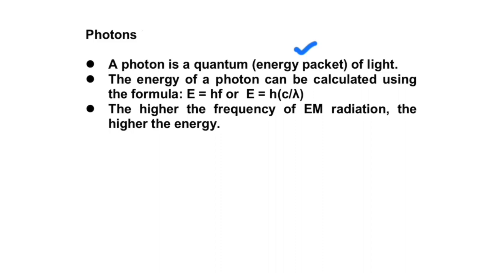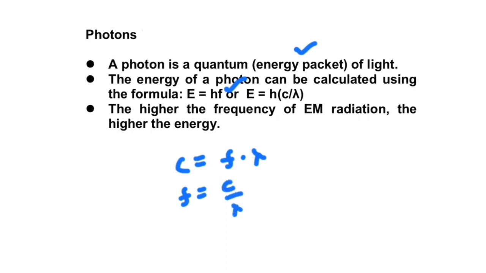The next bullet point, the energy of a photon can be calculated using the formula energy is equal to h multiplied by the frequency. But we know that the frequency, well, let me show you. We know that the speed of light is equal to frequency multiplied by wavelength. If we make frequency the subject of the formula here, we get the frequency being equal to speed of light divided by wavelength.